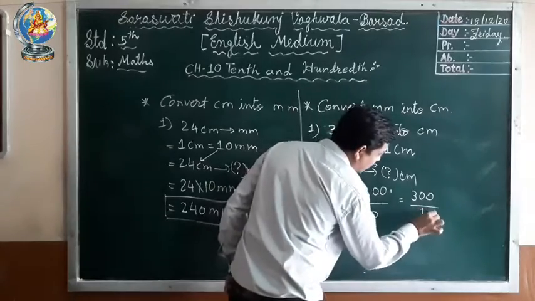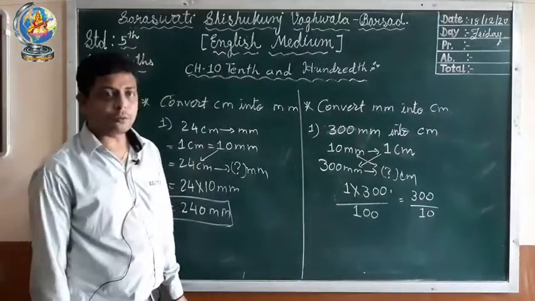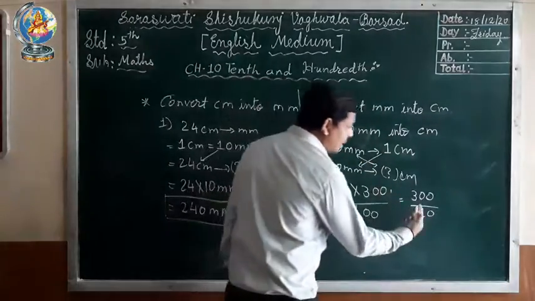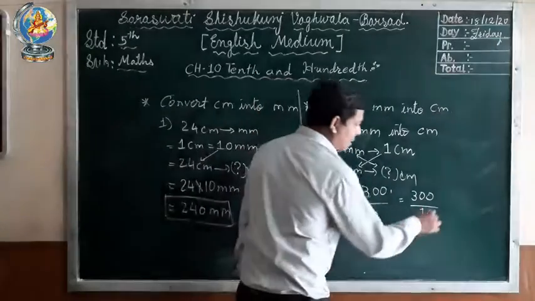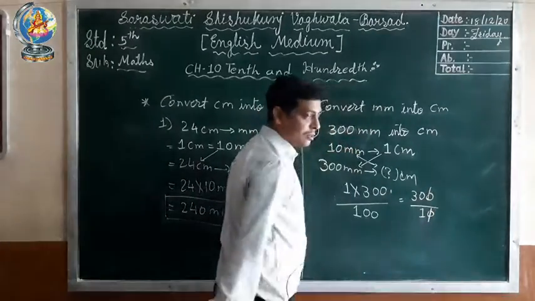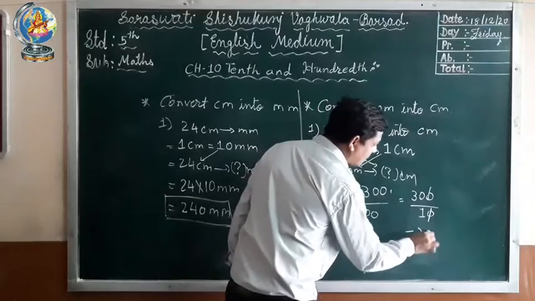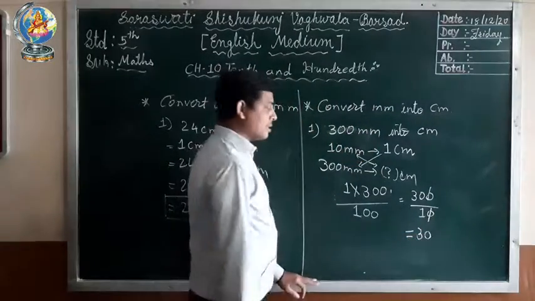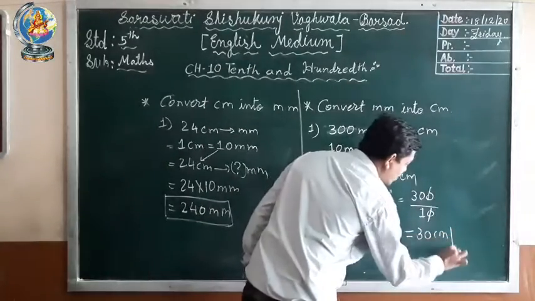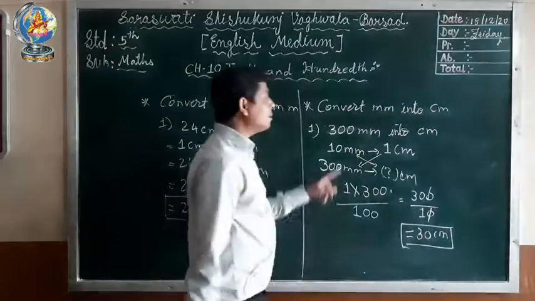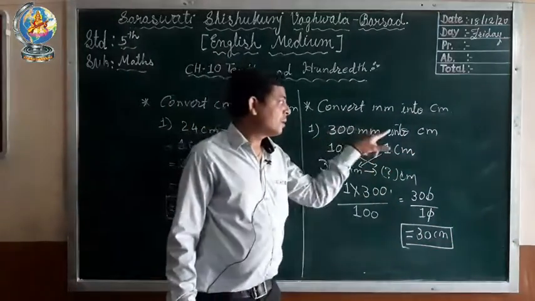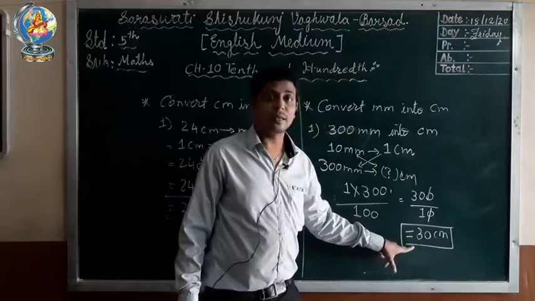Now what you have to do, you can also divide or you can do it directly. You can also cut the zeros directly, so you will get 30 as the answer. So 30 is the answer in centimeter. When you convert 300 mm into centimeter, you get the answer 30.